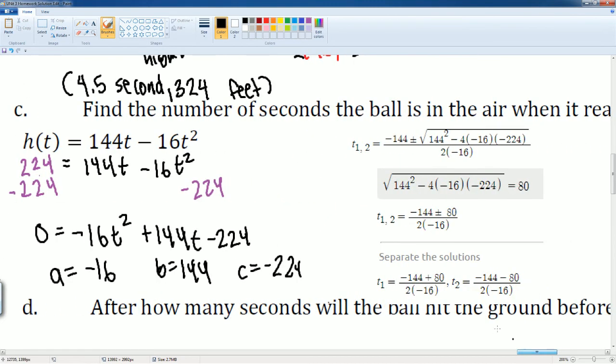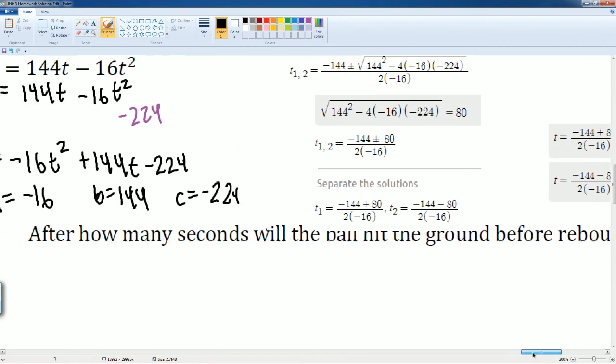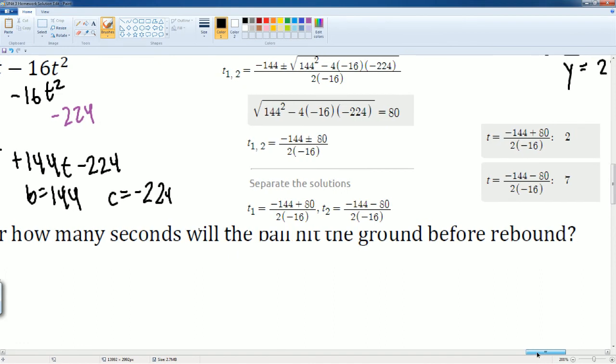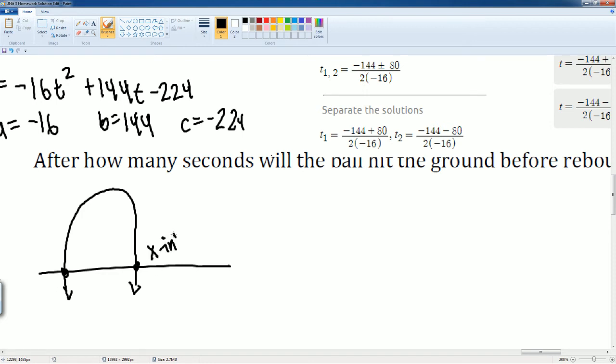Next, how many seconds will the ball hit the ground before rebounding? Okay, so when it hits the ground before rebounding, here's the object, right? It follows a parabola. So the part where it hits the ground is actually the x-intercept.